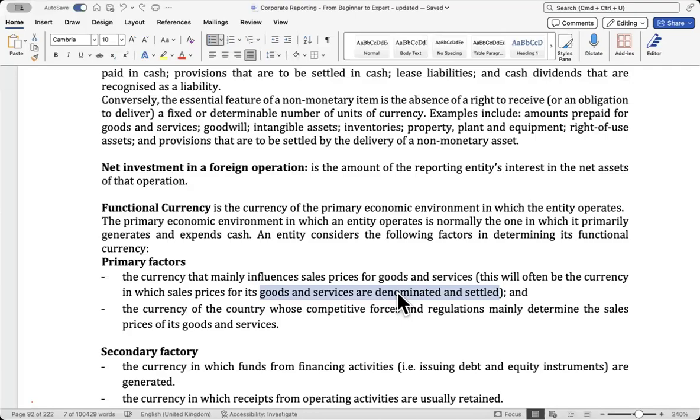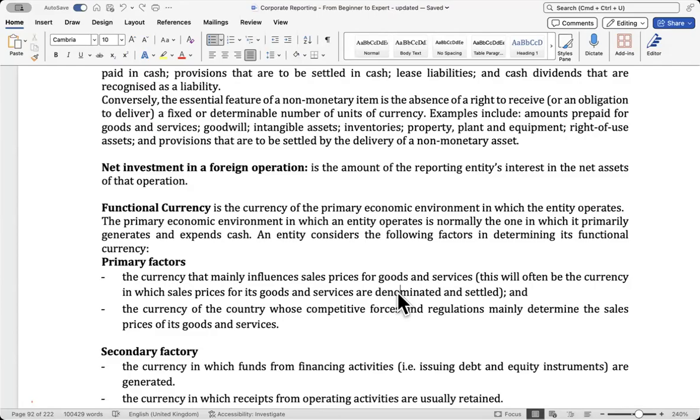So ultimately, the functional currency still remains Naira, because in a normal environment we would expect that the currency in which your sales price is denominated or settled should be what would influence your sales price. Unfortunately, yeah.